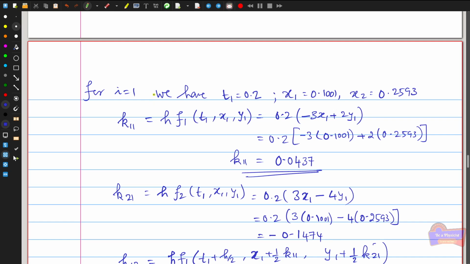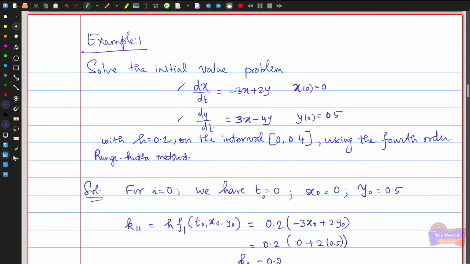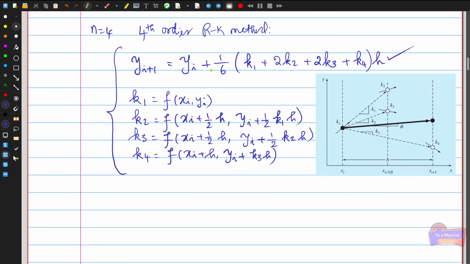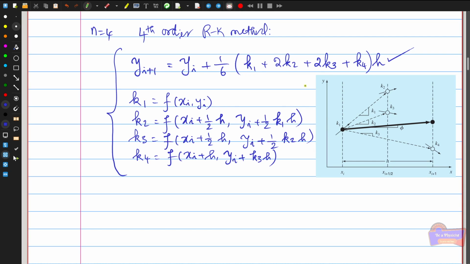Instead of manually doing this, you can also write programs, converting this into a numerical algorithm, and then you can solve any differential equation, whether it's a simple or a complicated equation, linear or non-linear.